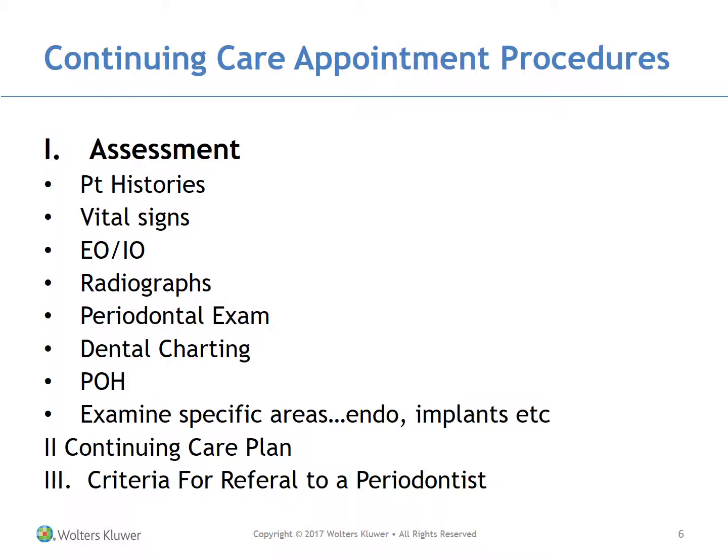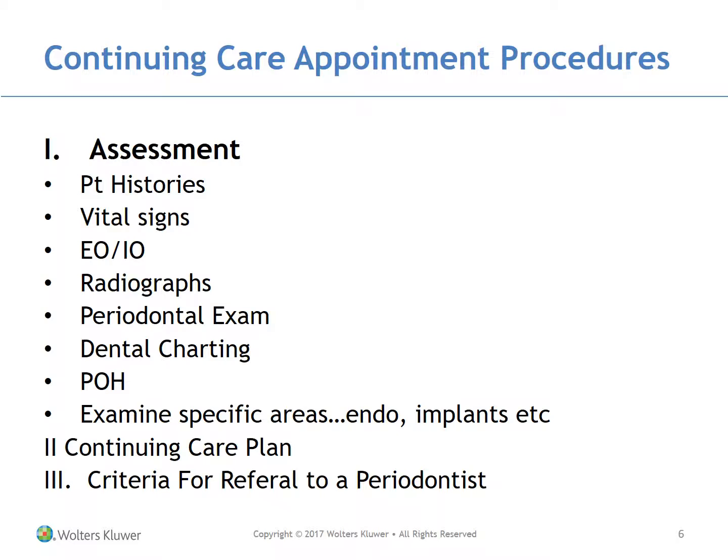The periodontal exam, we are going to observe and record the color, the size, the shape, and any mucogingival changes. That's when we took our measurement from the gingival margin to that MGJ, the mucogingival junction, and then we subtracted the pocket depth.